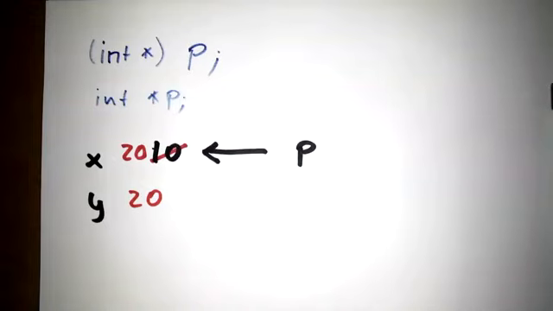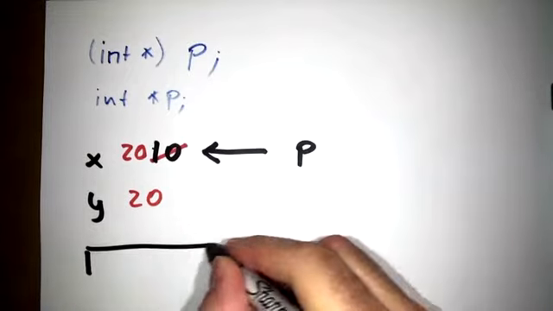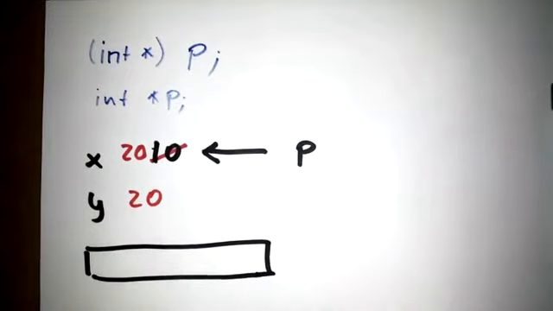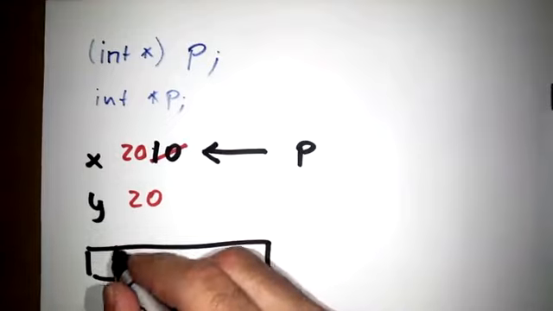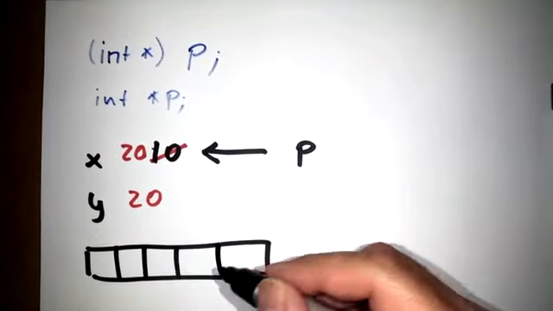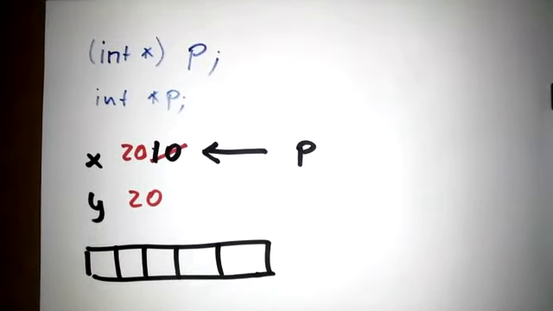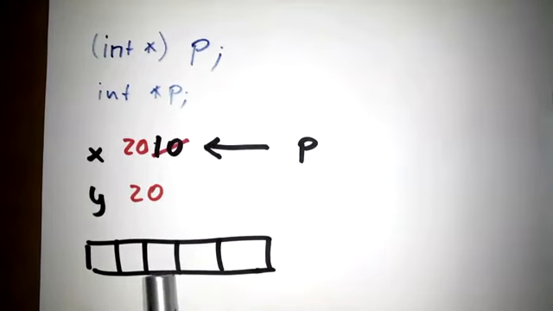And then what also happens is we have our array A, which is 5 times 4 bytes long. Why 4? Because every integer takes 4 bytes. This would be array 0, array 1, array 2.